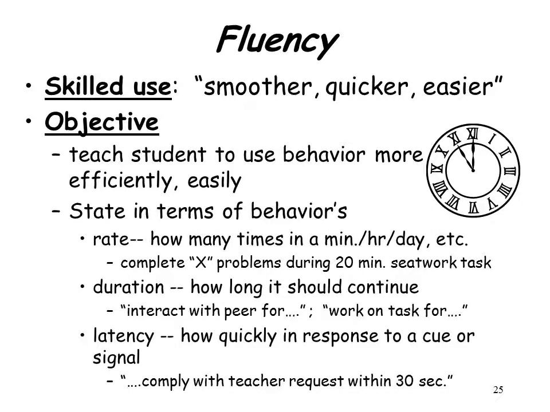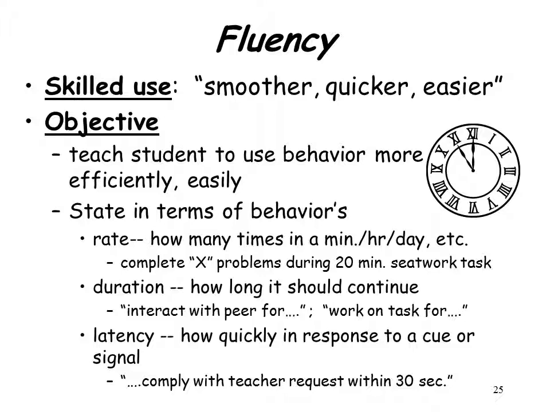Fluency has to do with how quickly or smoothly we perform a skill. For instance, getting back to the language example, when you speak a language fluently, it means that you do it at a normal conversational pace. So depending on the skill, fluency might be doing something more quickly with less effort. That would be an increased rate.